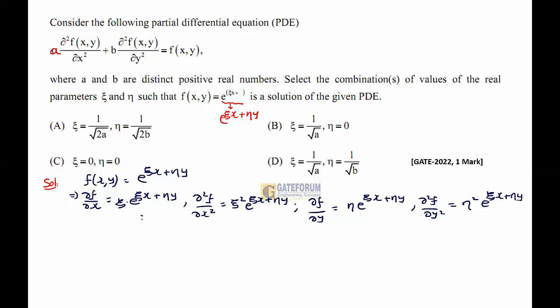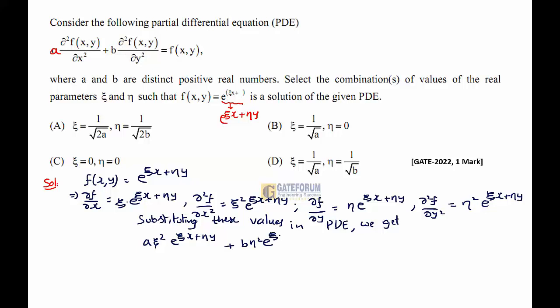Substituting these values in the partial differential equation, PDE, we get on the left side aξ² e to the power ξx plus ηy plus bη² e to the power ξx plus ηy, and the right side f of x, y, that is nothing but e to the power ξx plus ηy. On the left side, e to the power ξx plus ηy is common and cancels with the right side.